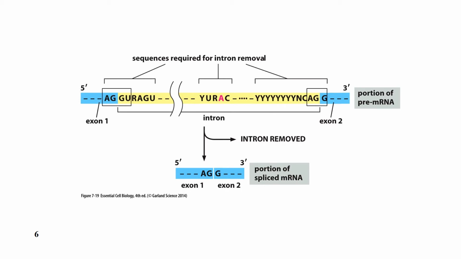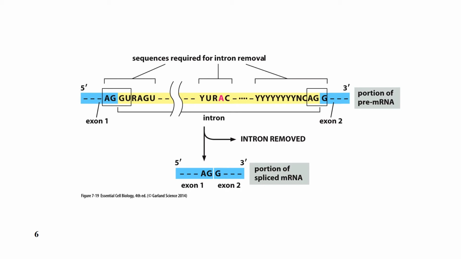A couple of important sequences that are necessary for intron removal are at the exon-intron borders. The border between the 5' exon and the intron that will be removed is always an AG-GU, and the break will come between the two G nucleotides.